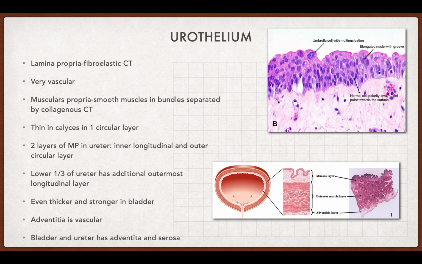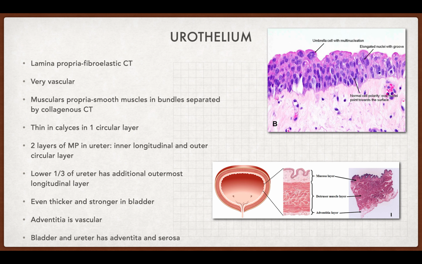There is the lamina propria, made out of fibroelastic connective tissue, and the muscularis propria, which is smooth muscle. The change is that in the calyx, it's only 1 circular layer, but then it adds another layer in the ureter, and then the lower 2/3 of the ureter has another outer longitudinal layer, and then of course there's about 8 layers in the bladder.